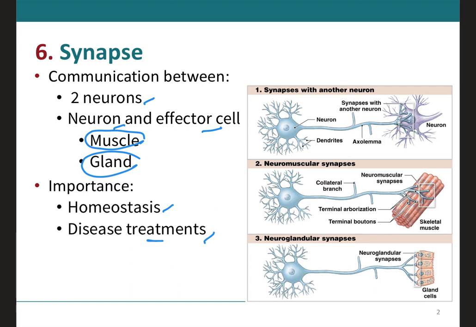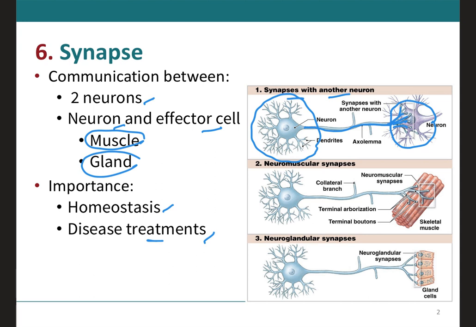On these images, we can clearly see a synapse of a neuron with another neuron on the first image. So this would be the cell body with the dendrites and the axon. At the end, you're going to have the terminal buttons, which will then synapse with either the cell body or the dendrites of another neuron.